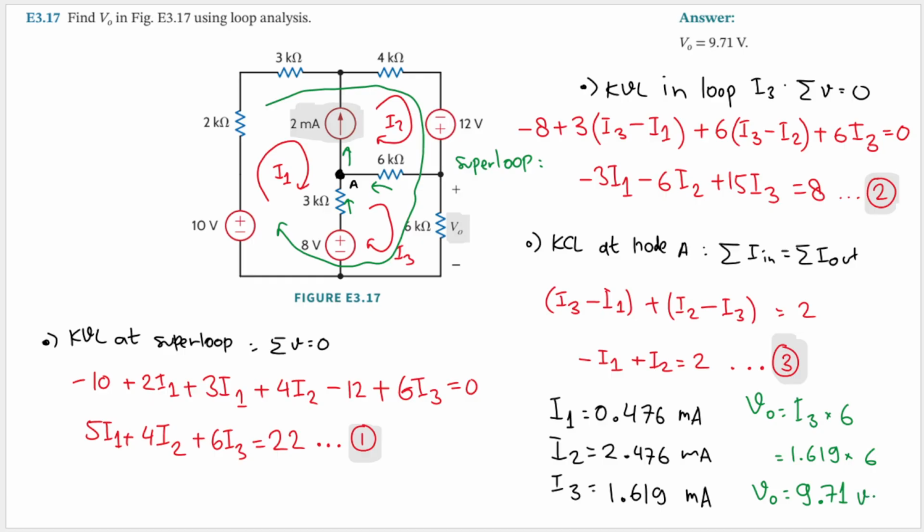The unit is volt. Let's put this into a box because this is the final answer, and that is the same as the answer given by the book.